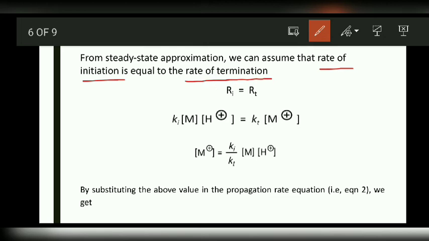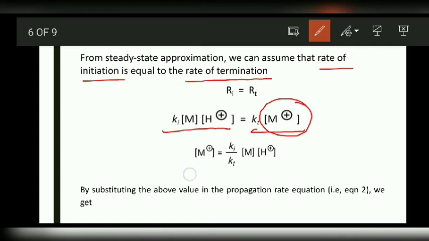Ri is equal to Rt. So we can equate equation 1 and equation 3. From these two we can obtain the value of M plus. See here, molar concentration of M plus will be equal to Ki by Kt into molar concentration of monomer into molar concentration of H plus.